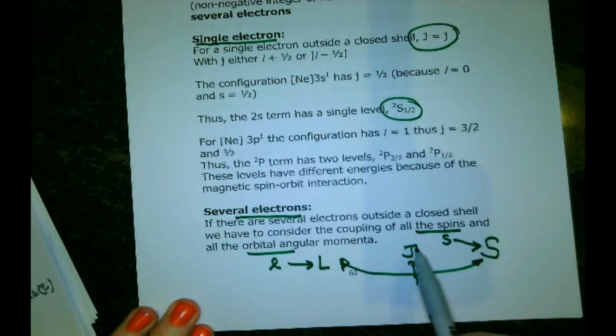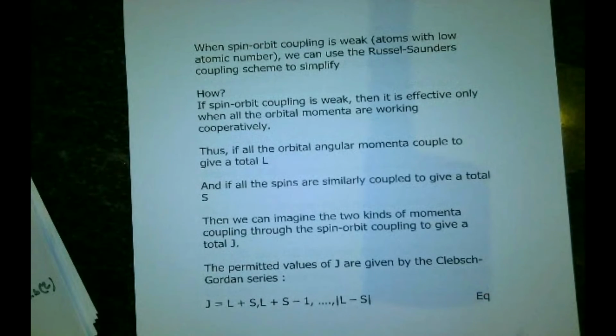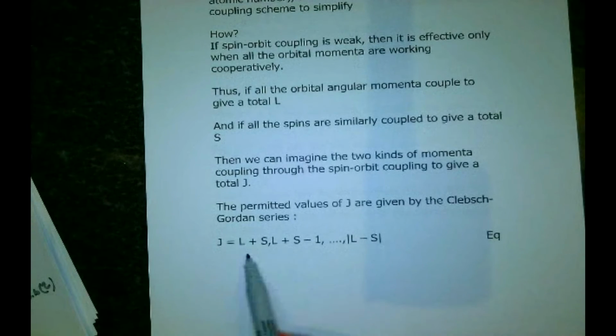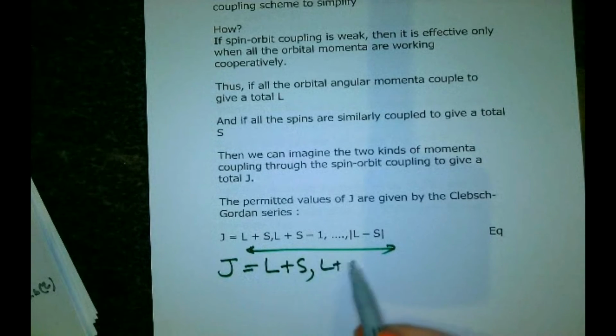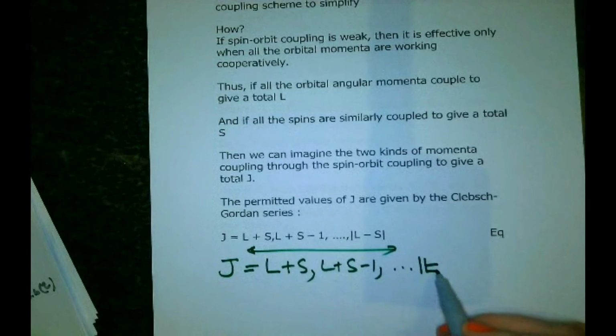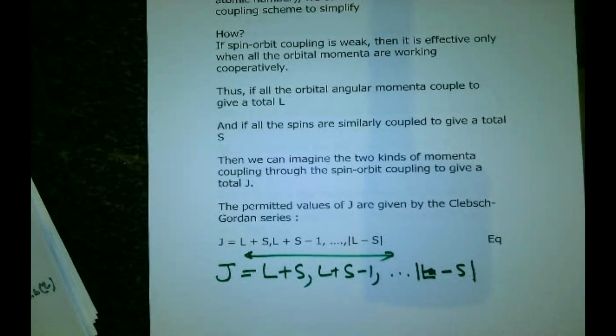So now we don't define it as spin or orbital, we just say total angular momentum. This is quite easy to do because we just do this in another Clebsch-Gordan series. We have uppercase L, we have uppercase S. So J is L plus S, minus 1, until you reach L minus S. And that gives you the total angular momentum.